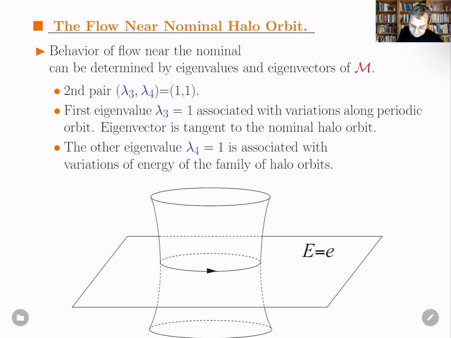There's now a second pair, and this is also similar to the Lyapunov orbits. The second pair, they're both equal to 1. So we have 2 eigenvalues 1, an eigenvalue 1 of multiplicity 2. You could think of it this way. The first eigenvalue is associated with variations along the periodic orbit.